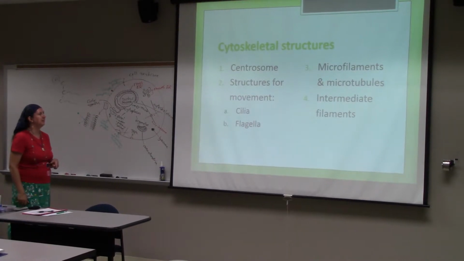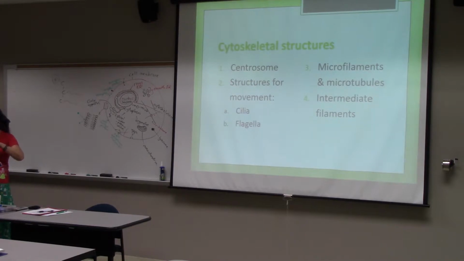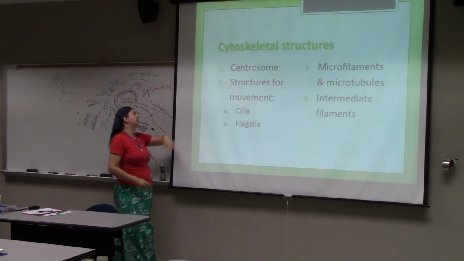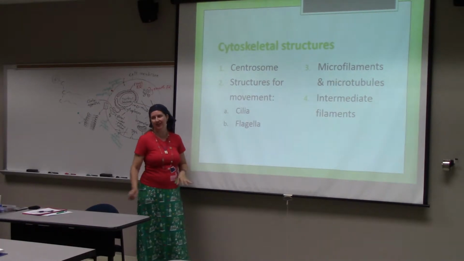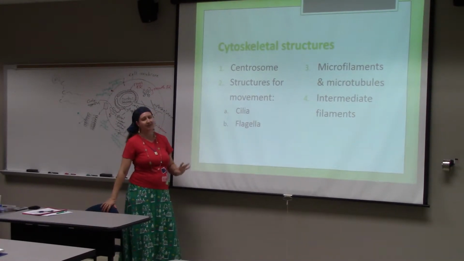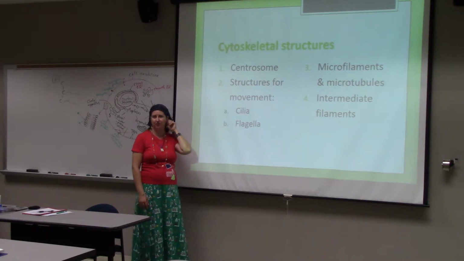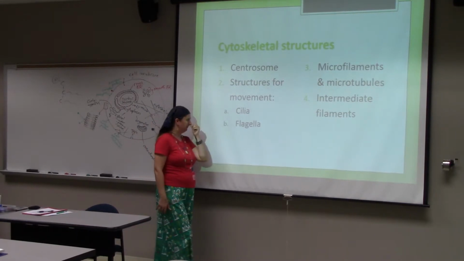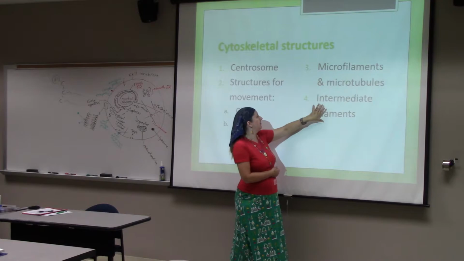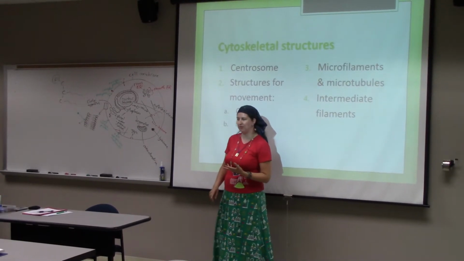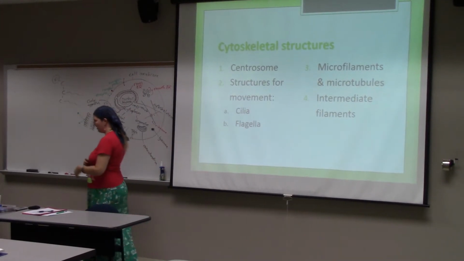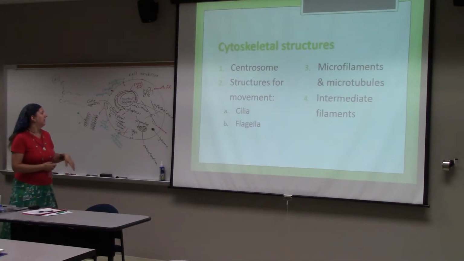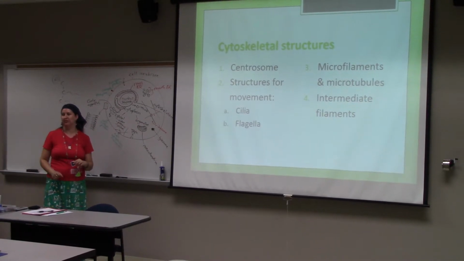So, cytoskeleton also gives us some organelles, including a centrosome, which is one on the inside, cilia and flagella, which are at the surface and used for movement. And then these other things here, microfilaments, microtubules, and intermediate filaments, are the structures in this network of proteins.